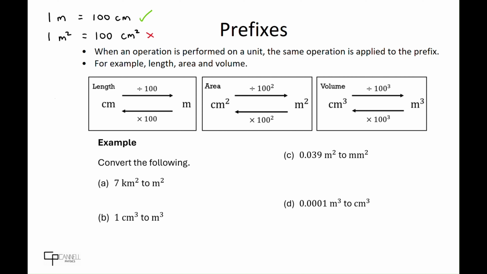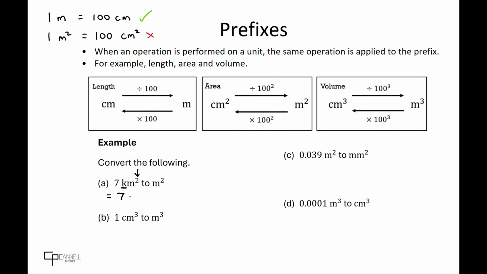Now looking at these examples I have here, A, B, C, D, we will convert the following. 7 square kilometers, we're going to convert that to square meters. It's very similar to what we did before, but one extra step. Again, we just write the number 7, we don't have to think there. But now we've got this kilometer here, and it's going to be squared.